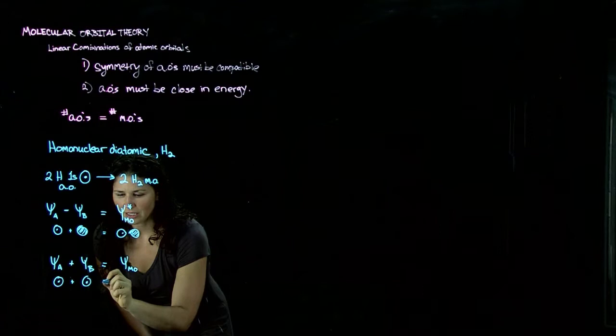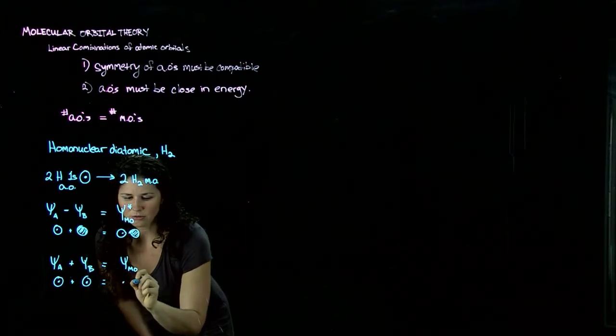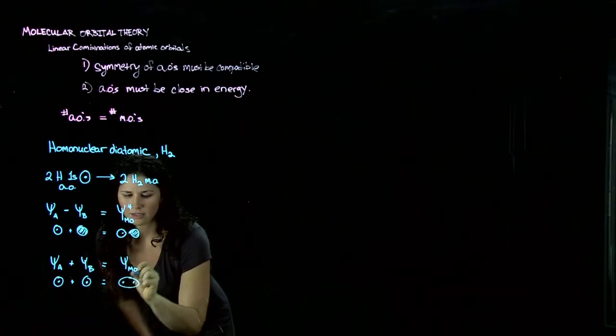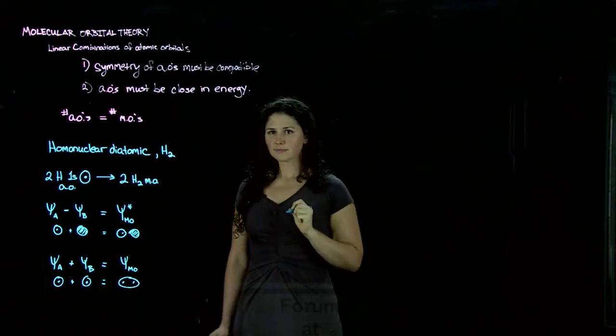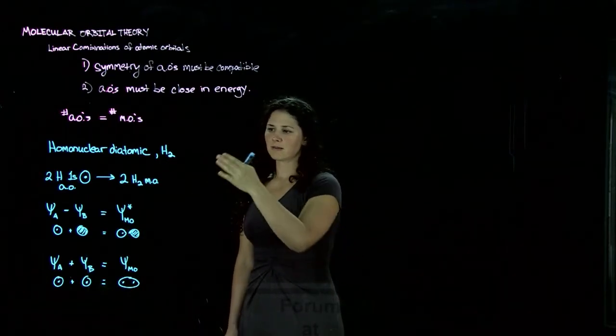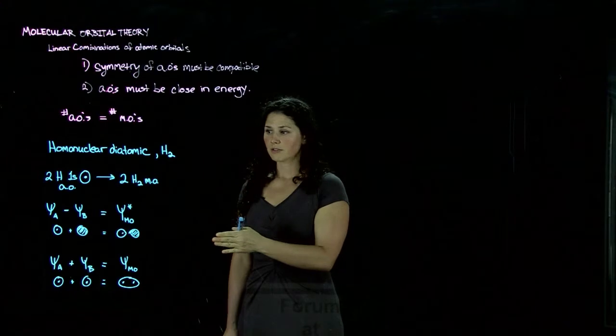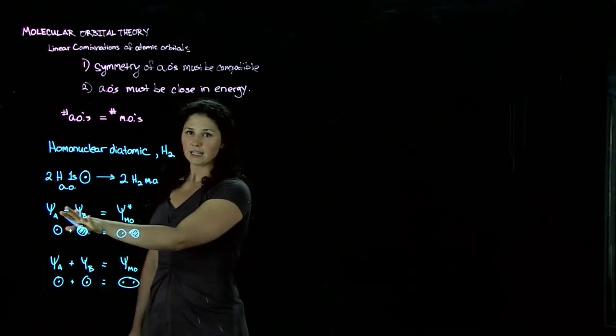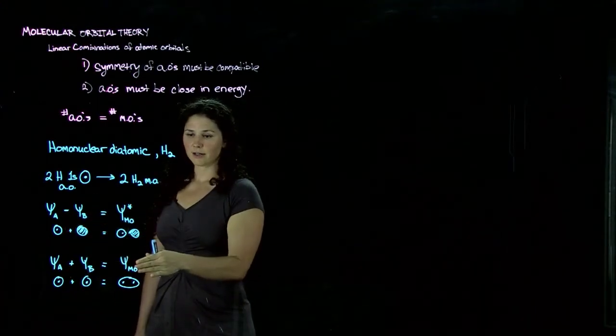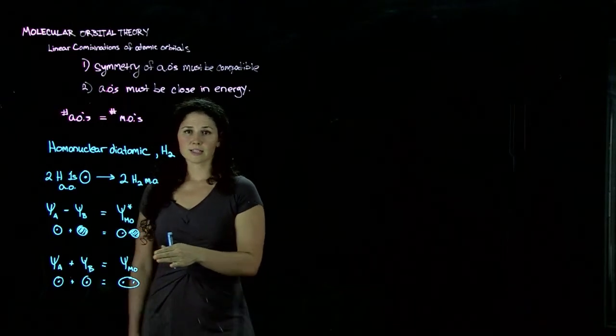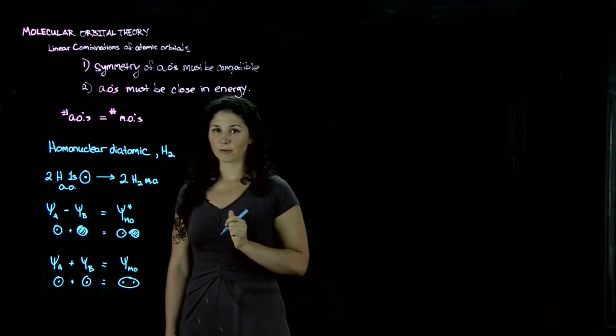And I'm going to draw electron density between the two nuclei, which I can draw like that. And so this is what I mean by linear combinations of atomic orbitals over here give you the molecular orbitals here. You usually see this in the form of a molecular orbital diagram.